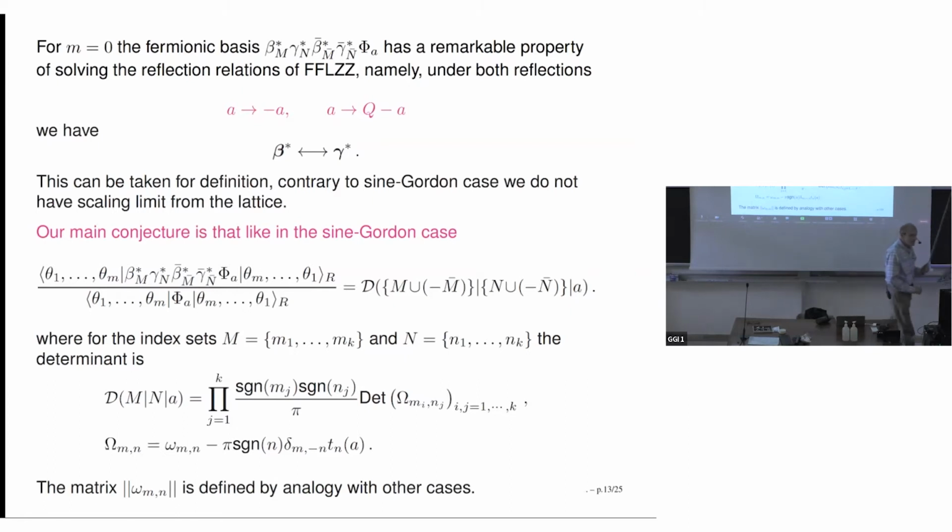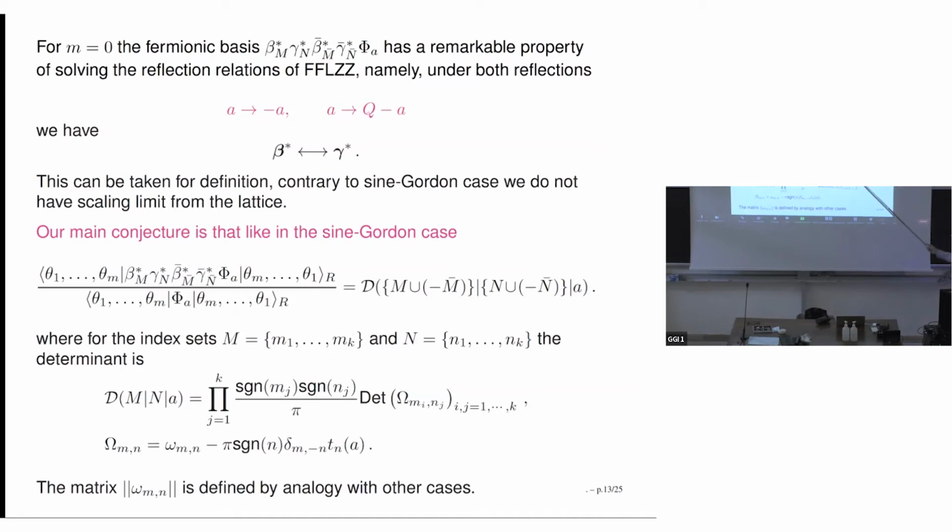So first we constructed it, then we made the scaling limit. We looked at these fermions, and we realized one important thing. If we are talking about the SinhGordon model, then there are two symmetries.